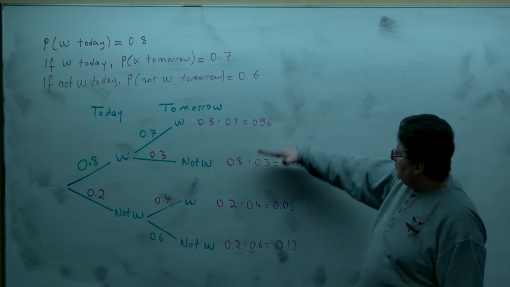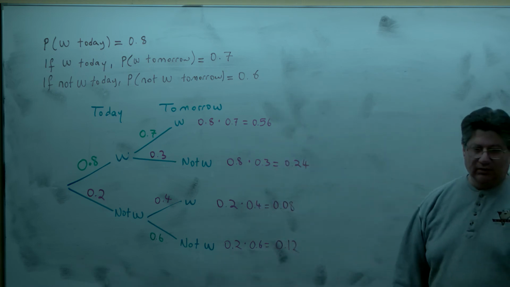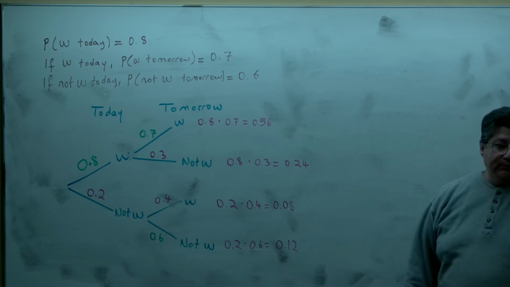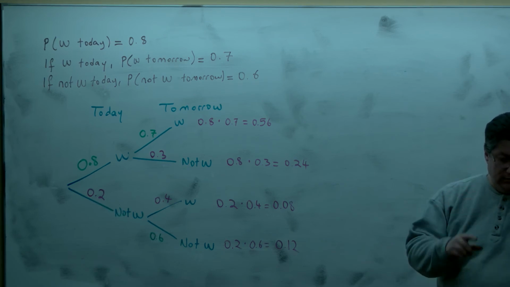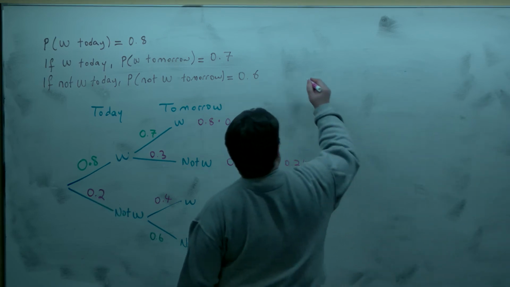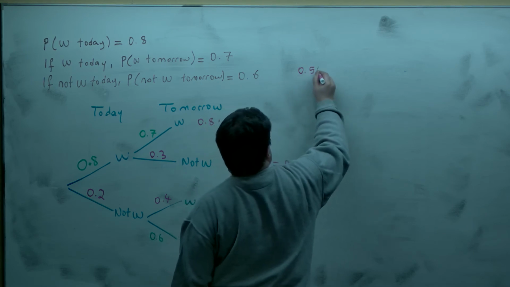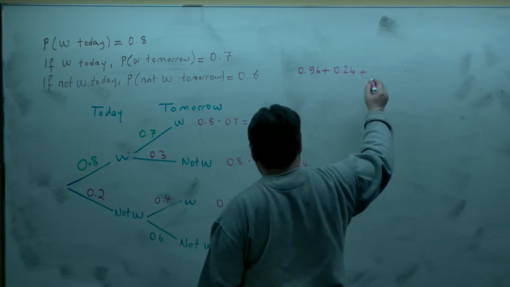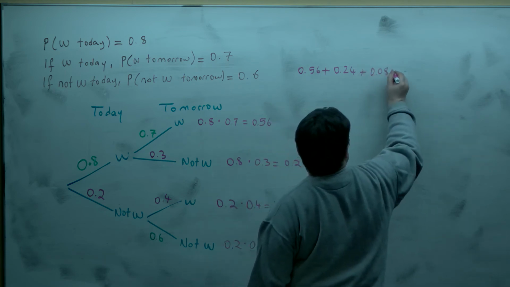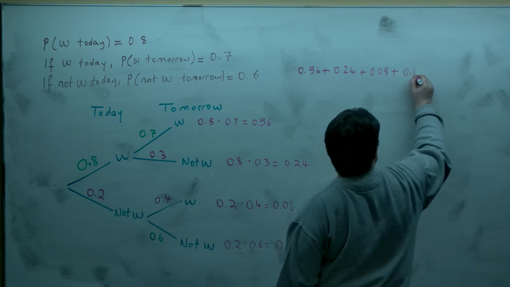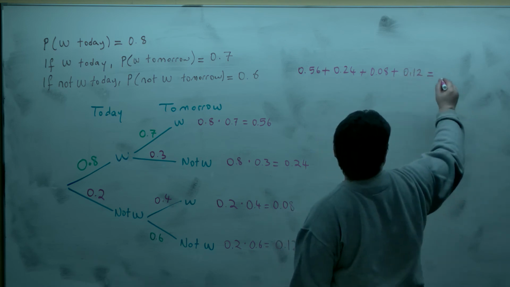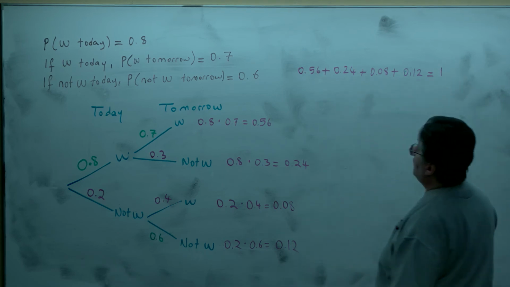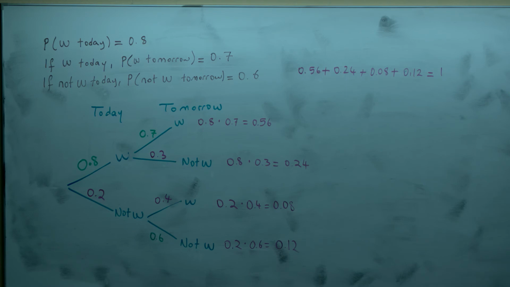If I have done the multiplications correctly, these purple probabilities should add up to 1. So let's see. 0.56 plus 0.24 plus 0.08 plus 0.12 equals, this is 0.8, this is 0.2, and when you add, you get 1. So we're good.